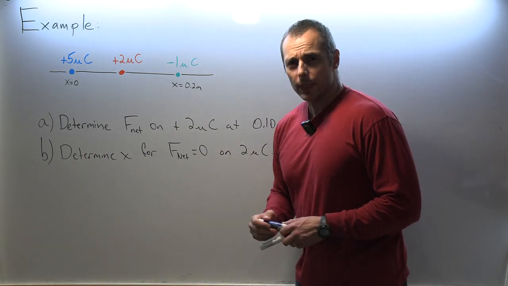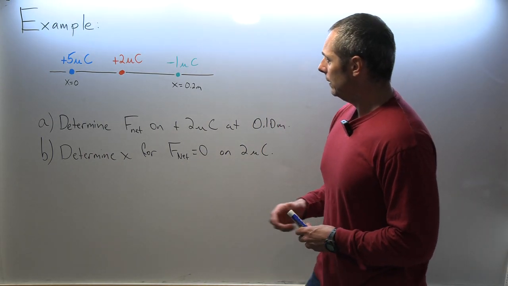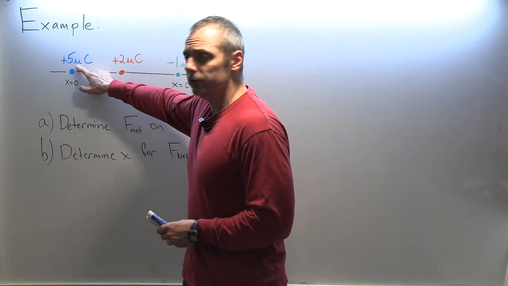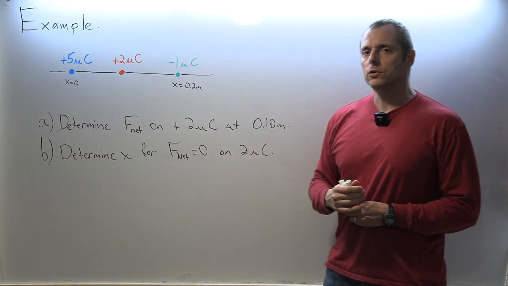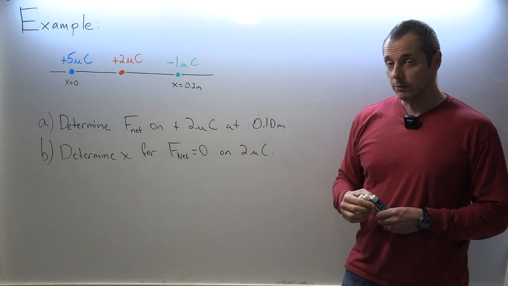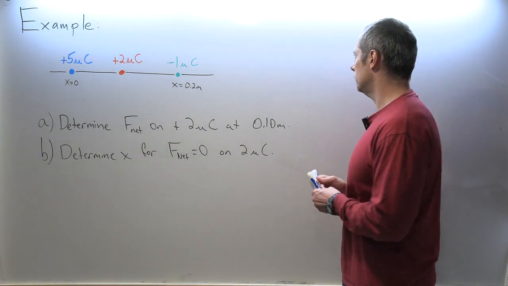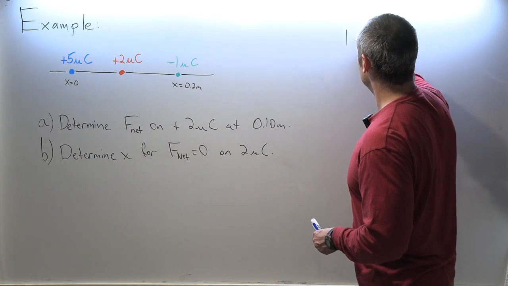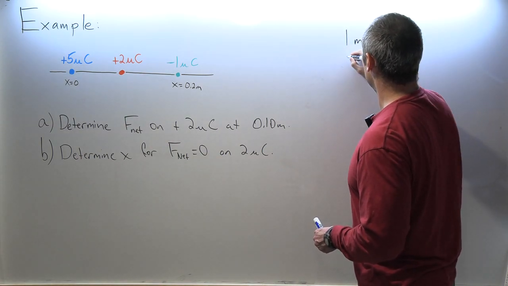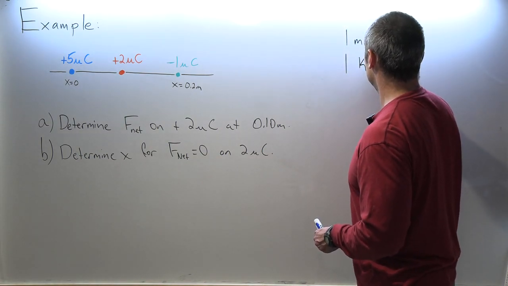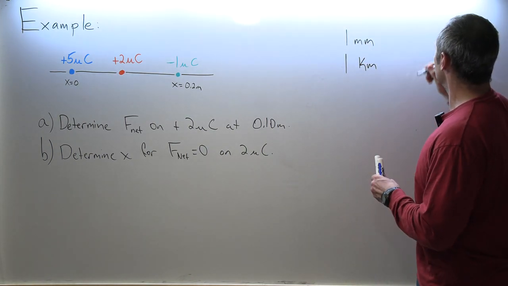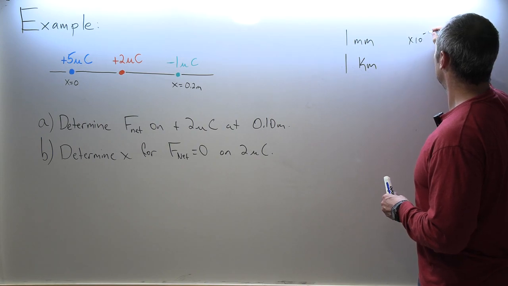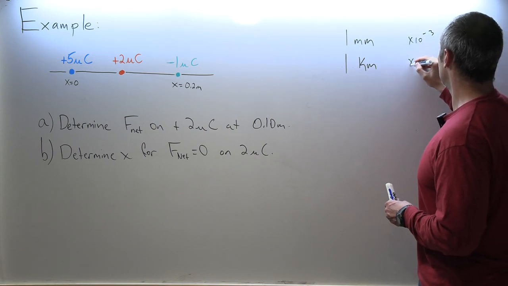By the way, I just want to mention that this symbol is like the coefficient of friction mu. It is also used as a metric prefix. So for example, I could have 1 millimeter or 1 kilometer. And milli, we know, means 10 to the minus third. And kilo means 10 to the third, right?